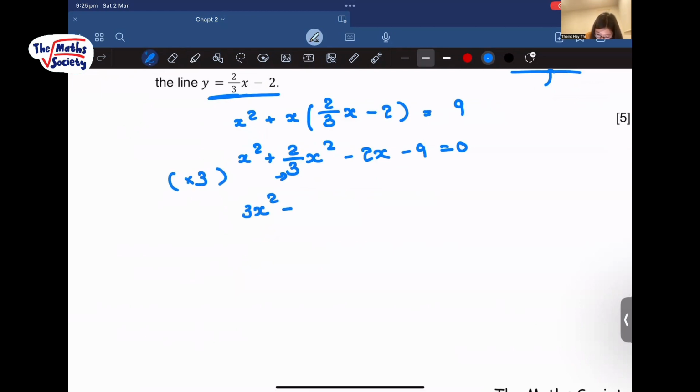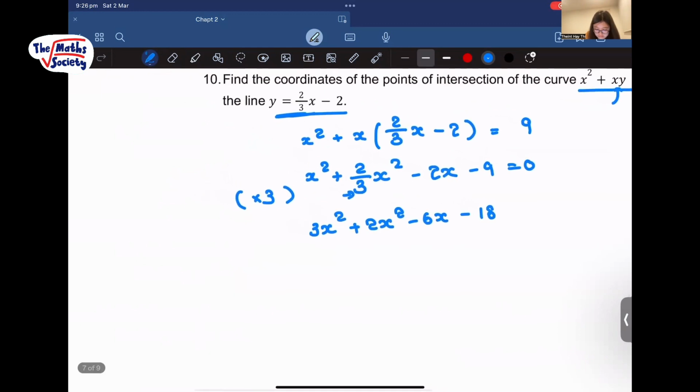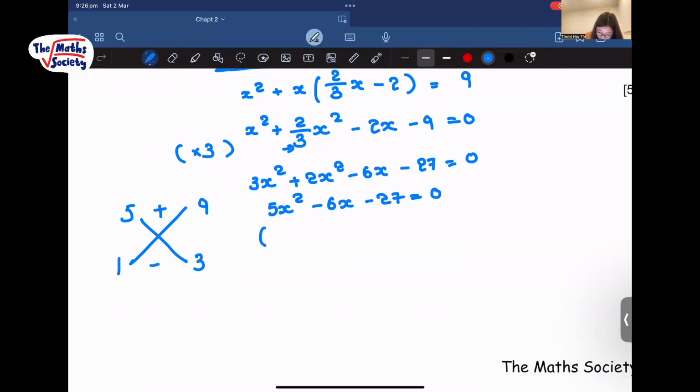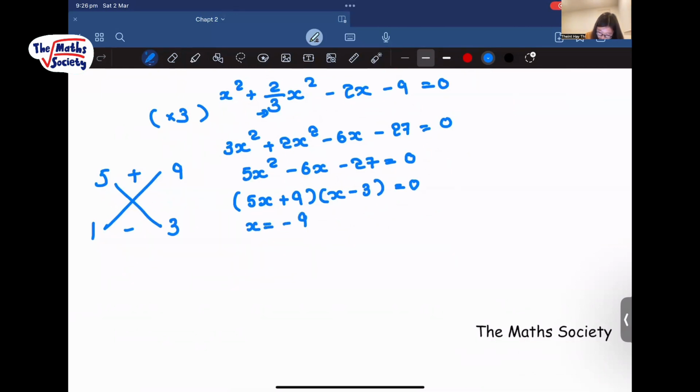So it'll be 3x squared plus 2x squared minus 6x minus 27, sorry, equals 0. So we have 5x squared minus 6x minus 27 equals 0. And then we'll use the cross method, 5 and 1, then 9 and 3, so it'll be 5x plus 9, x minus 3 equals 0. So you'll get x equal to minus 9 by 5, or x equals 3.